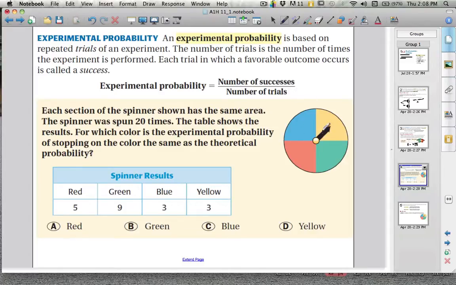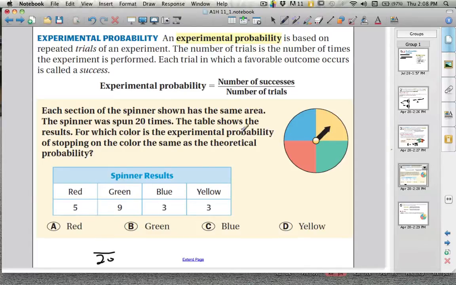Okay, so for example, here we're talking about spinning a spinner. If I talked about this as theoretical probability, the likelihood of any one color coming up is 1 in 4 or 25%. Okay, that's theoretical probability, but what's happened is the spinner was spun 20 times. The table shows the results.